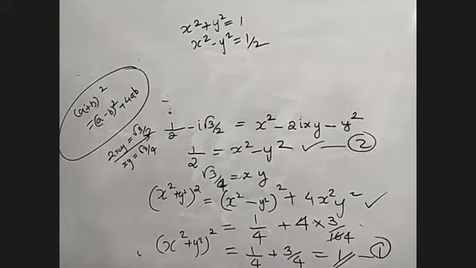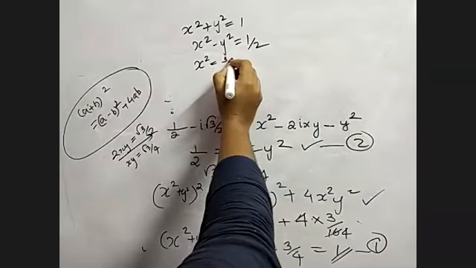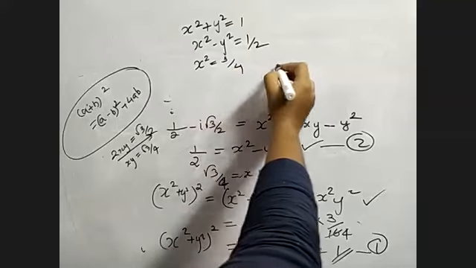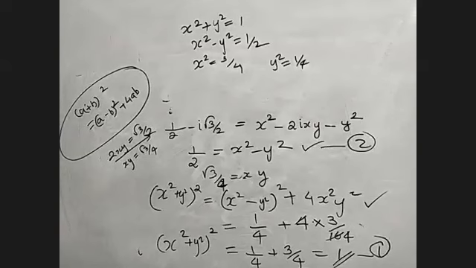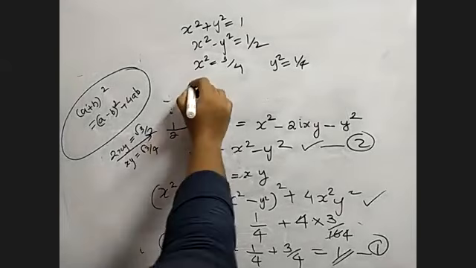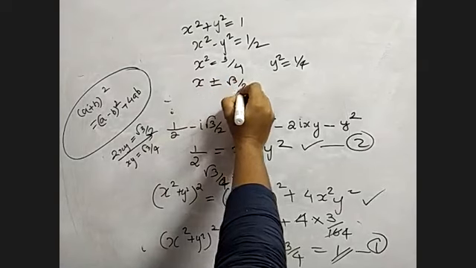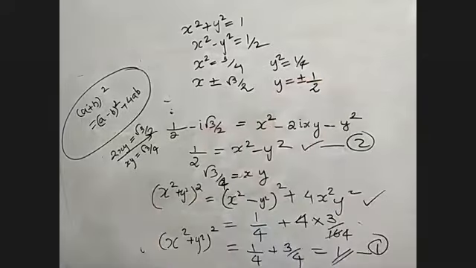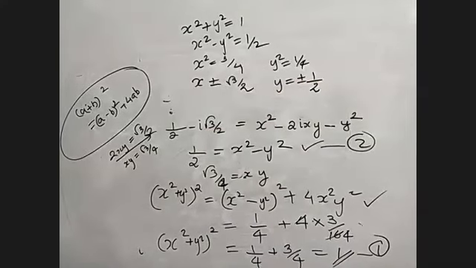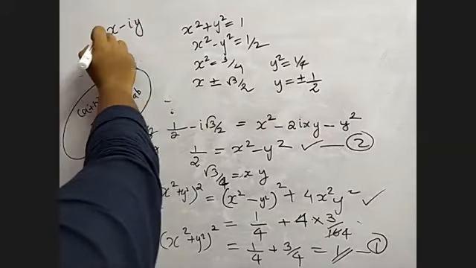Yes, ma'am. You'll get for x square 3 by 4, y square 1 by 4. So x is plus or minus root 3 by 2. y is plus or minus 1 by 2. Isn't it? So what was our equation? x minus iy was the square root, no?